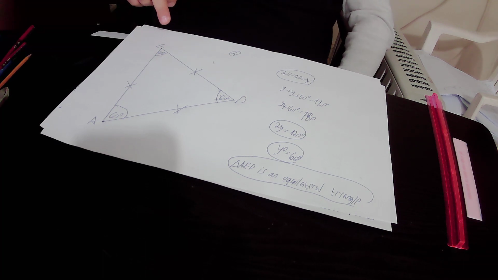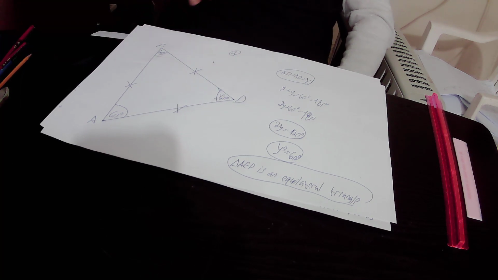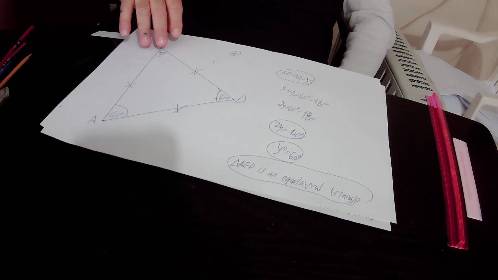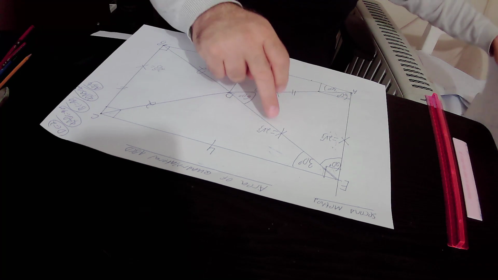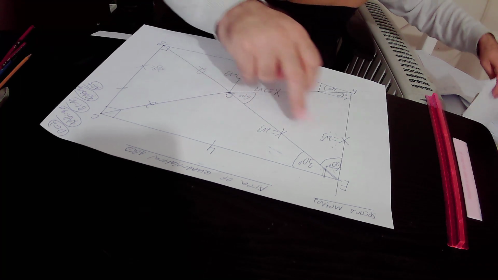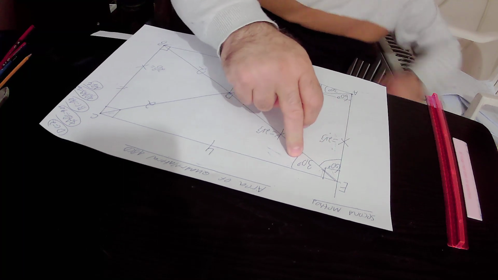It means that ED also must be equal to x, because all of its sides must be equal to each other, and all of its angles are equal to 60 degrees. So we can write down that ED equals x, and this angle equals 60 degrees, and this angle equals 60 degrees. What is the size of this angle?